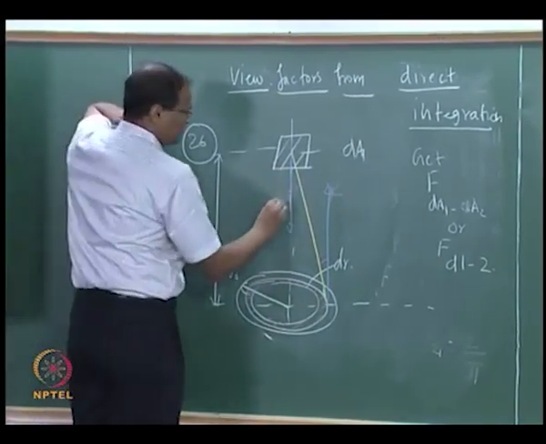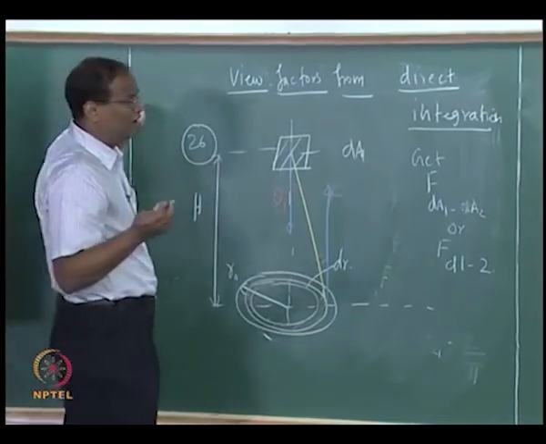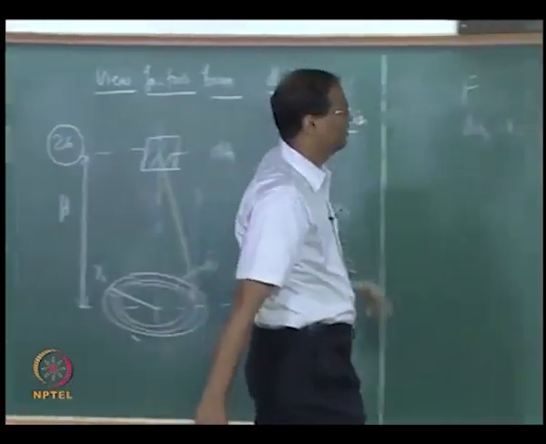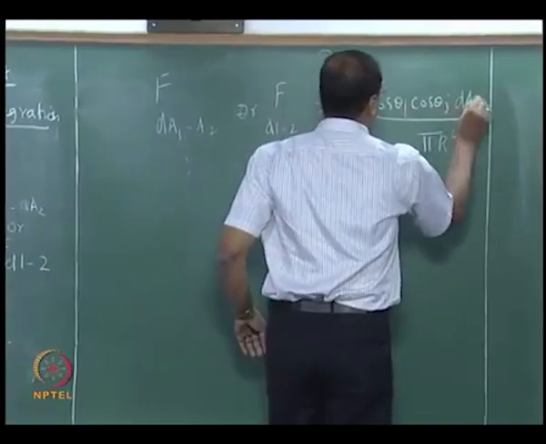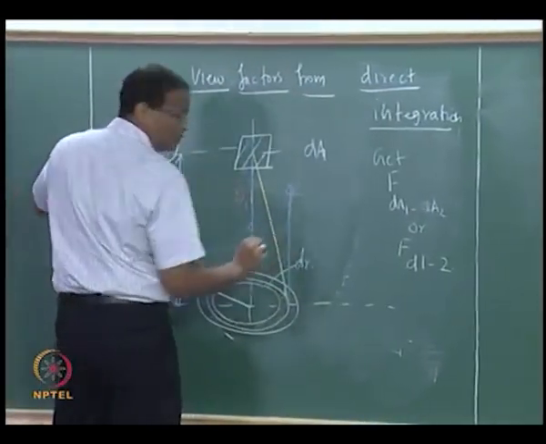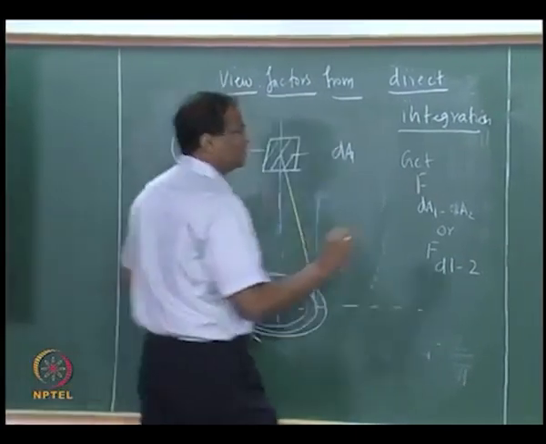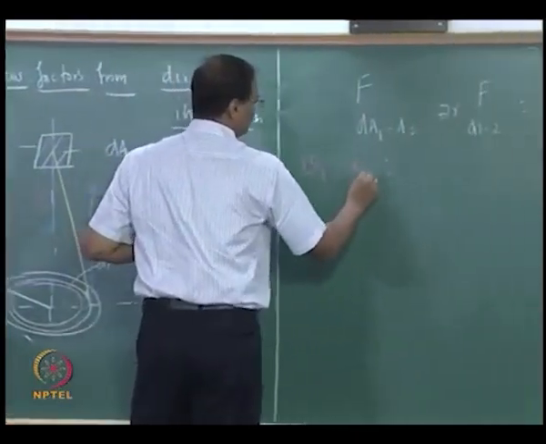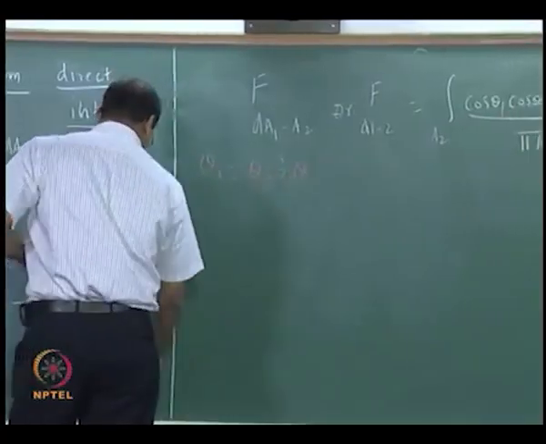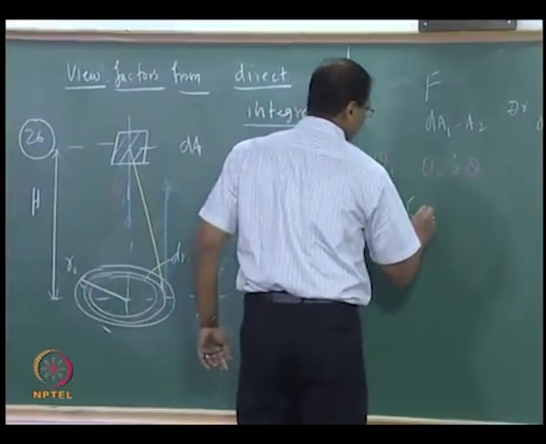Cos theta 1, theta 2. First theta 1 equal to theta 2 and we can just call it theta, right? What is cos theta?